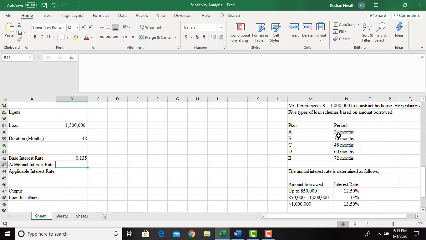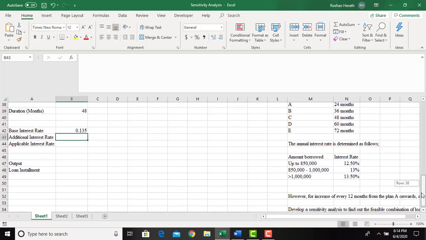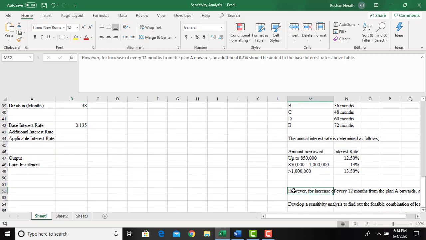So if you are deviating from plan A, 24 months, by 12 months, it's going to be 0.5. So for 48 months it's going to be 1% additional interest rate. It says that for every increase of 12 months from plan A onwards, an additional 0.5 should be added to the base interest rate.